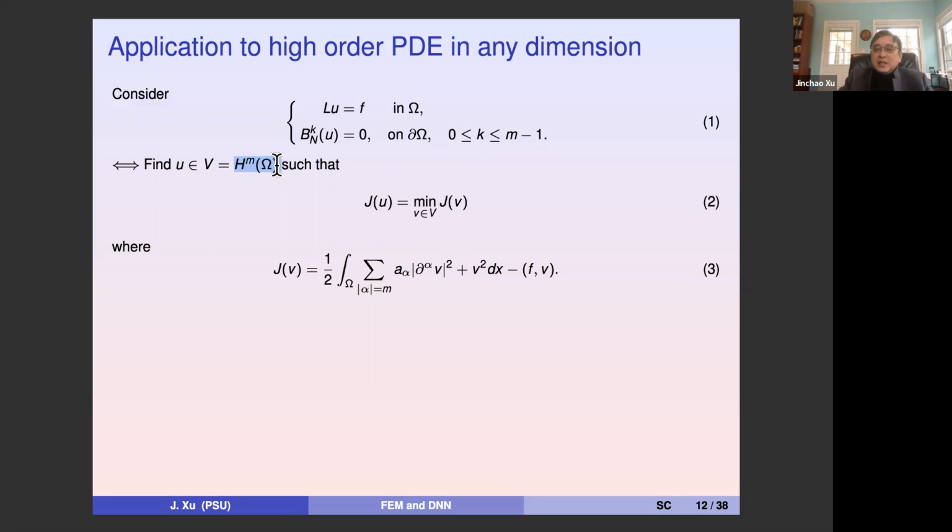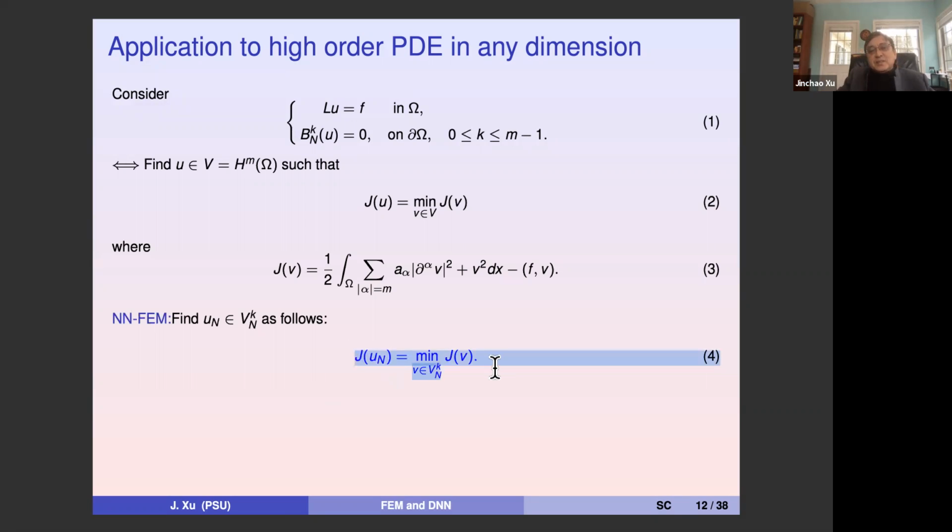Now you can generalize this, what I call maybe neural network finite element, or in my paper I call it the finite neuron method. You do the minimization, okay? In the standard finite element tradition, this becomes a variational problem. You can do the test and trial function, but this is a minimization problem.